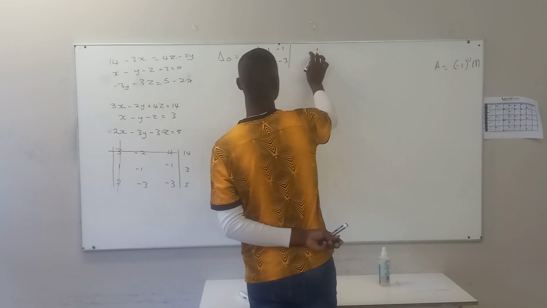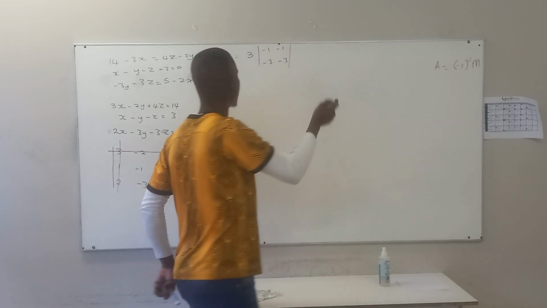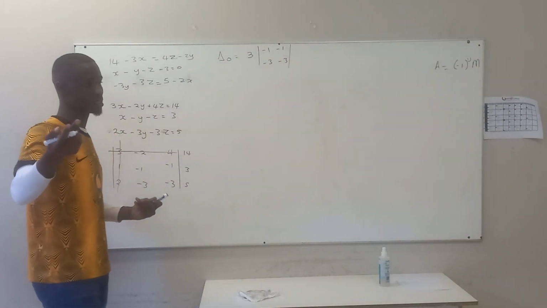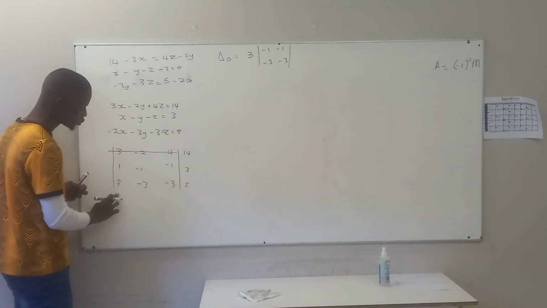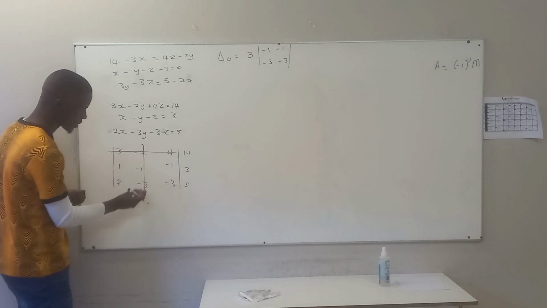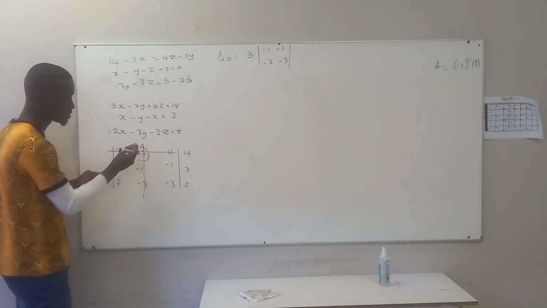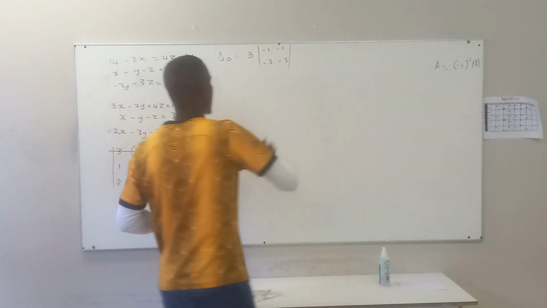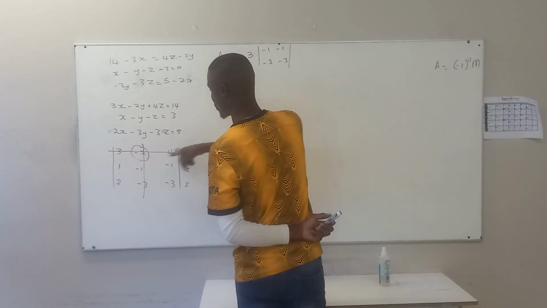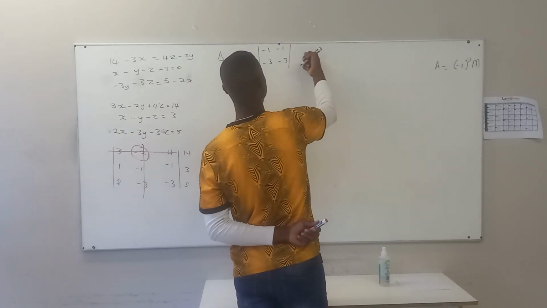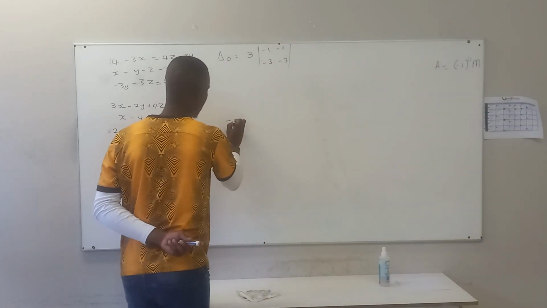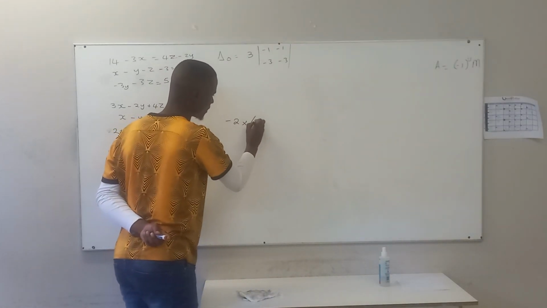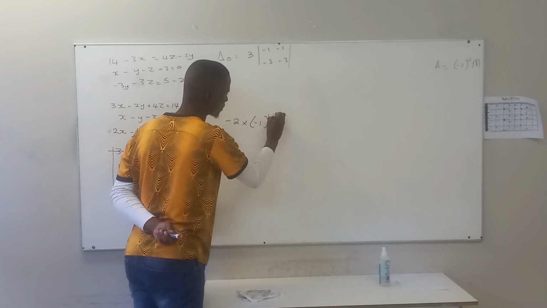Okay. Then we go to the next one. The next one is to the power odd, because now we're moving from this one to the next one, which is this one. Then we're going to have negative 2 multiplied by negative 1 to the power 1 plus 2.